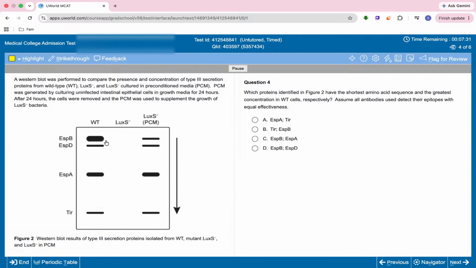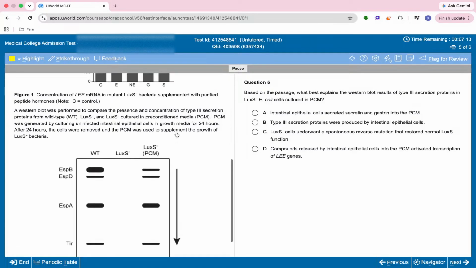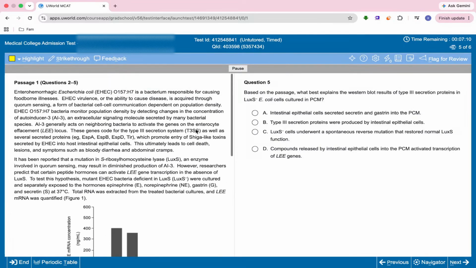It's TIR and ESPB. Is there going to be a question that actually makes me read the passage? Based on the passage, which best explains the Western blot results of type 3 secretion proteins in LuxS E. coli cells cultured in BCM?